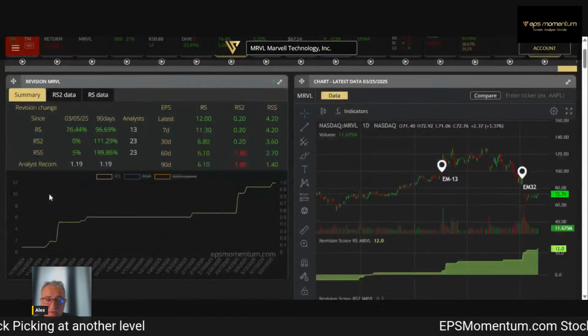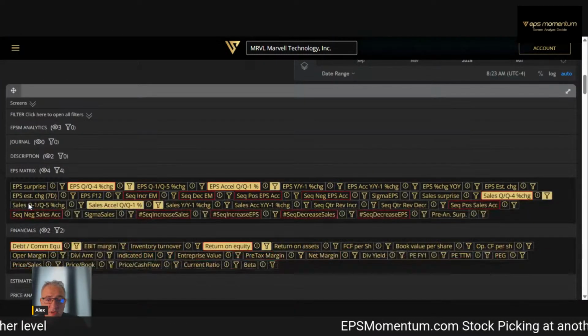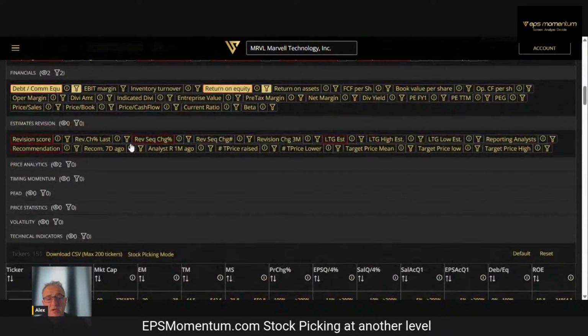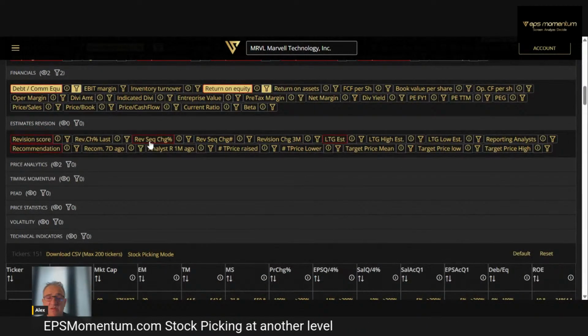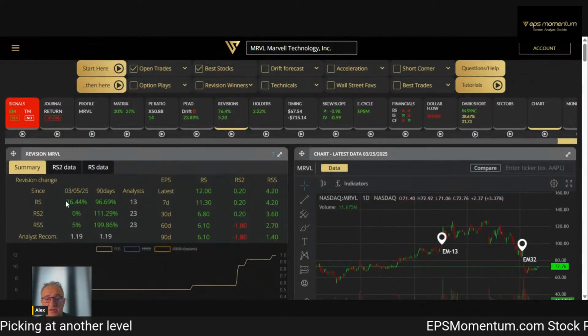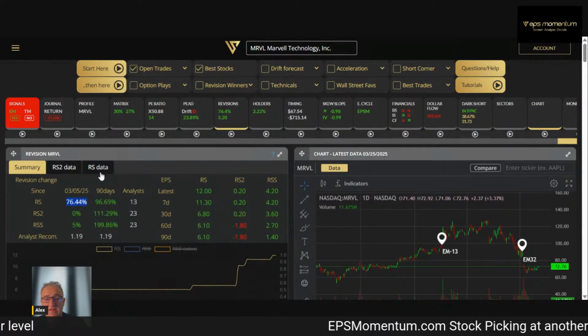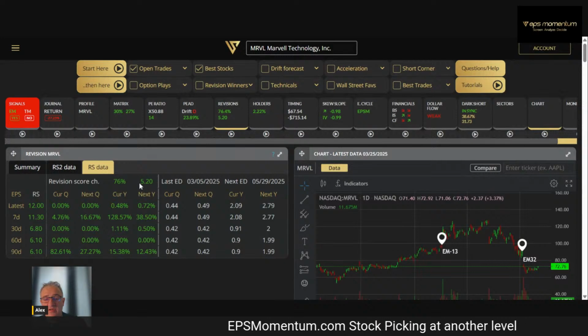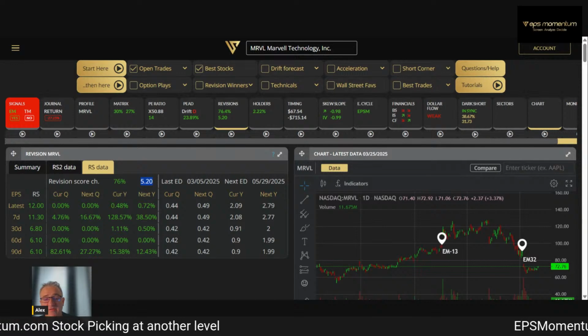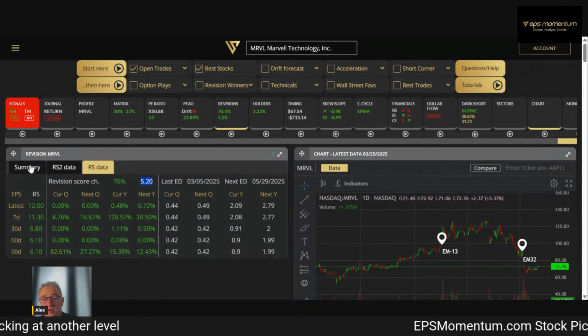So we get this, the revision. Where can we get it? Revision estimates is here. So it's change. Let me show you again. This is the change, and this is the actual value here. The value was 5.20. So it's a score that was 6, 6.8, 11.30, 12, and we've added 5.20 since the beginning of the quarter.